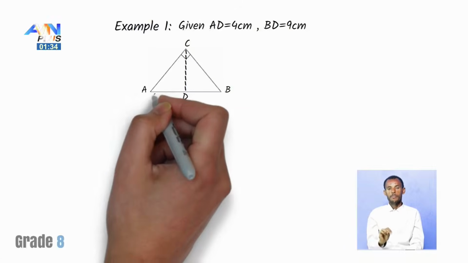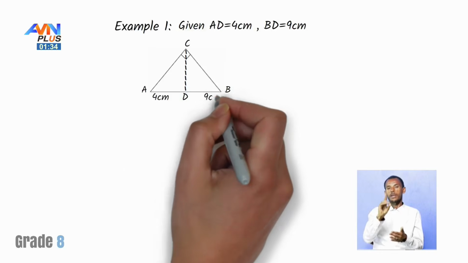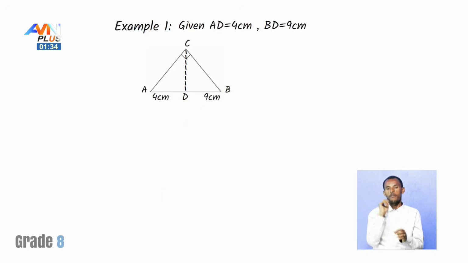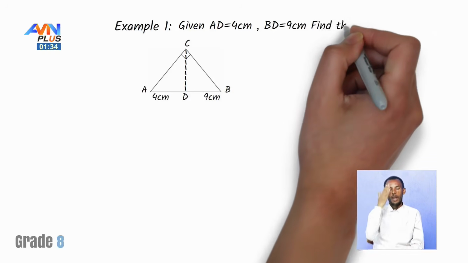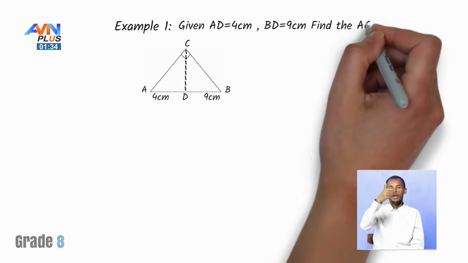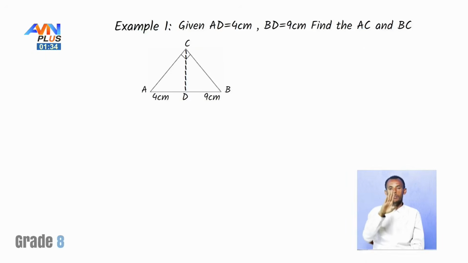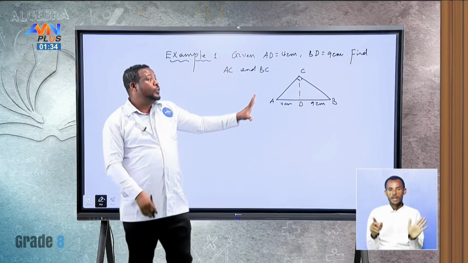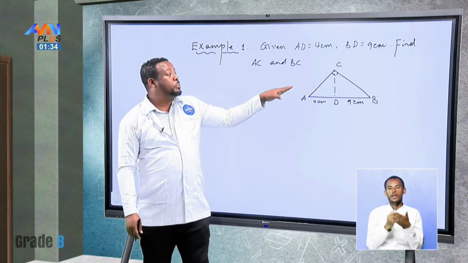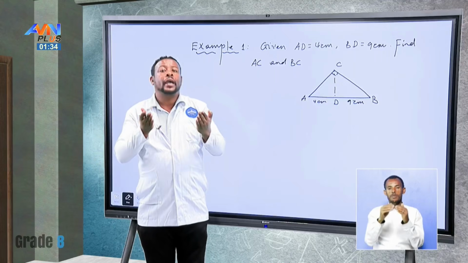Okay, assume this is 4 centimeter and this is 9 centimeter. Then find the unknown sides AC and BC.